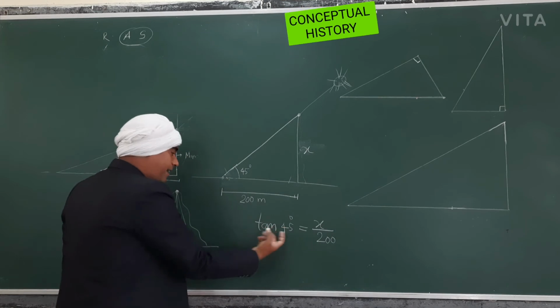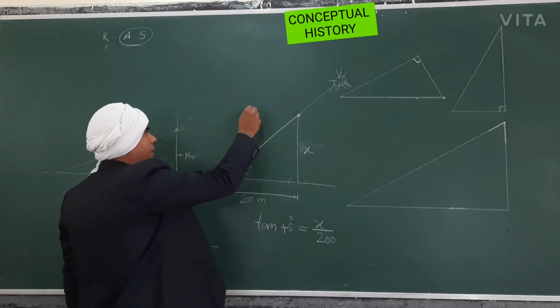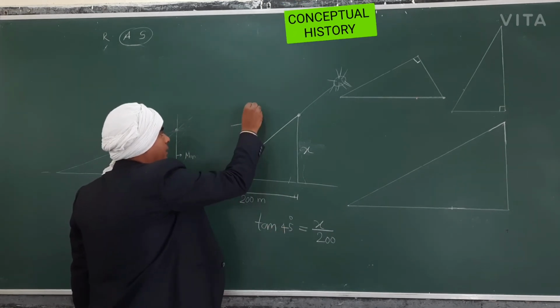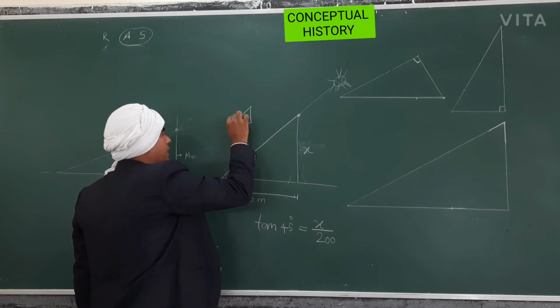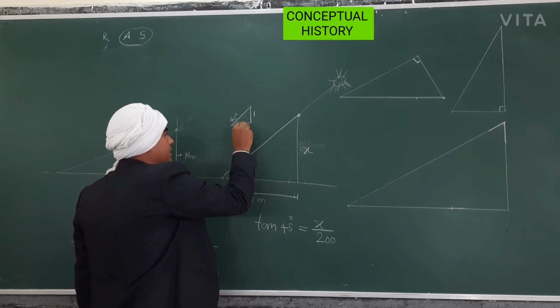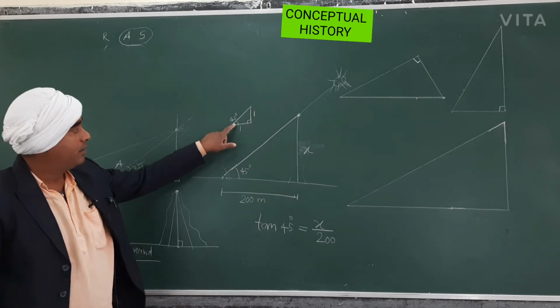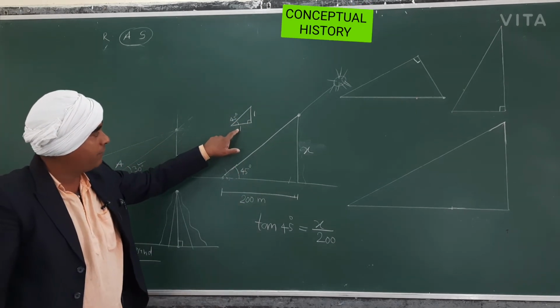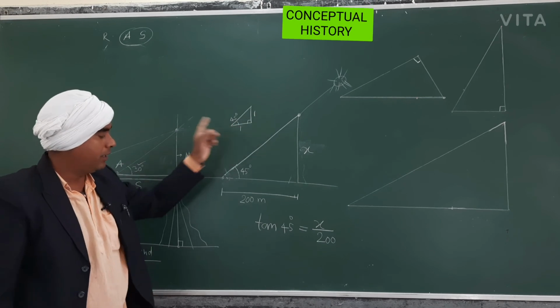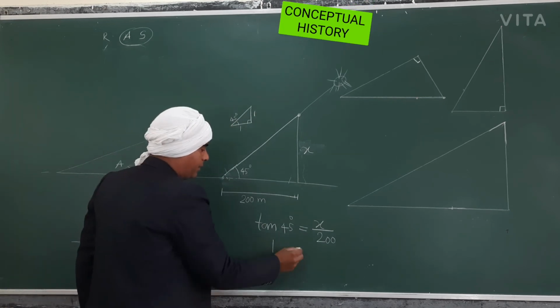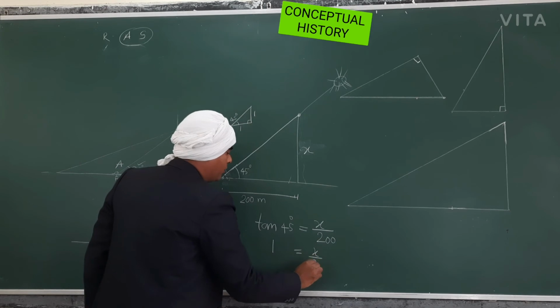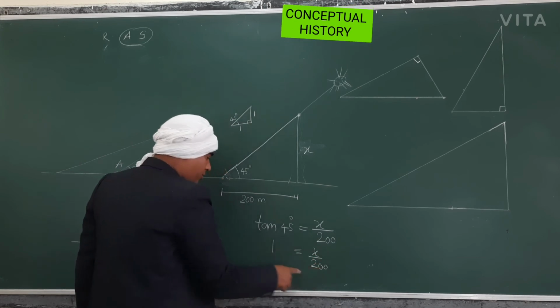But tan 45 we have made a table. Tan 45 means this type of triangle, when this is 45 degree and this is 1, this is 1, and this is 90 degree. This was in chapter number 8. So tan 45 is 1 upon 1, which means 1. So if this is 1, then x upon 200 means x is equal to 200.